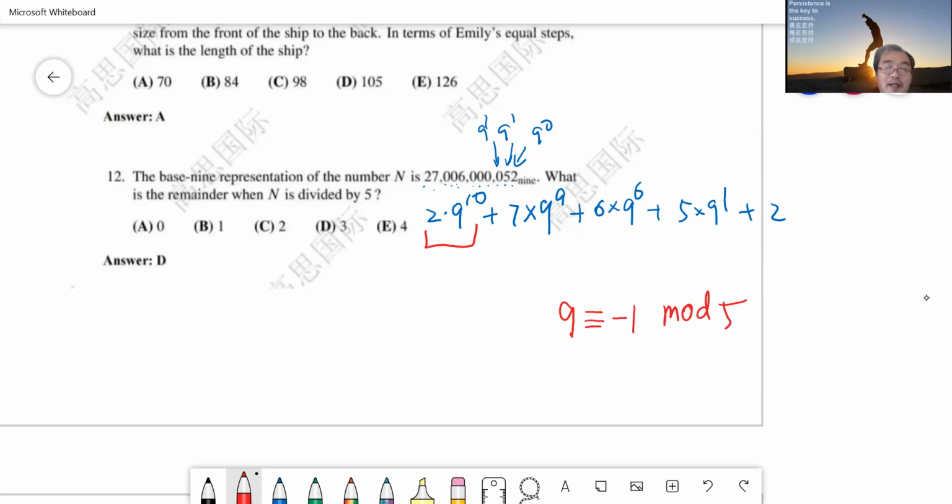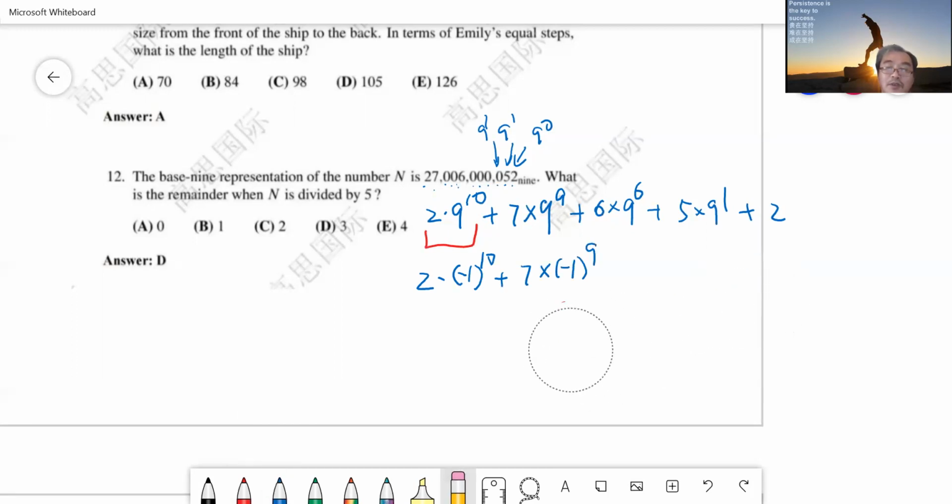Okay, so then actually we just use modular arithmetic. So this is just like 2 times -1 to the power 10. Then we continue, 7 times -1 to the power 9.